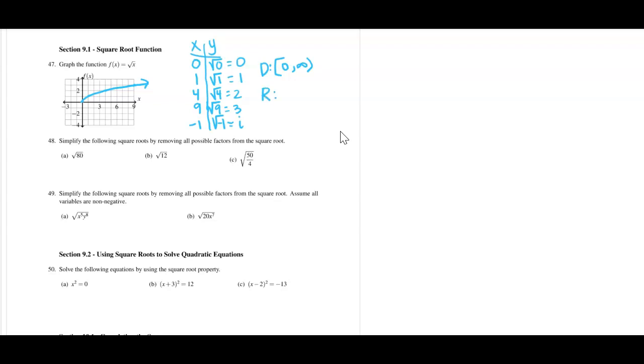Okay, what about the range? What would the range for this be? Could it be 0 to infinity, or is that even possible?